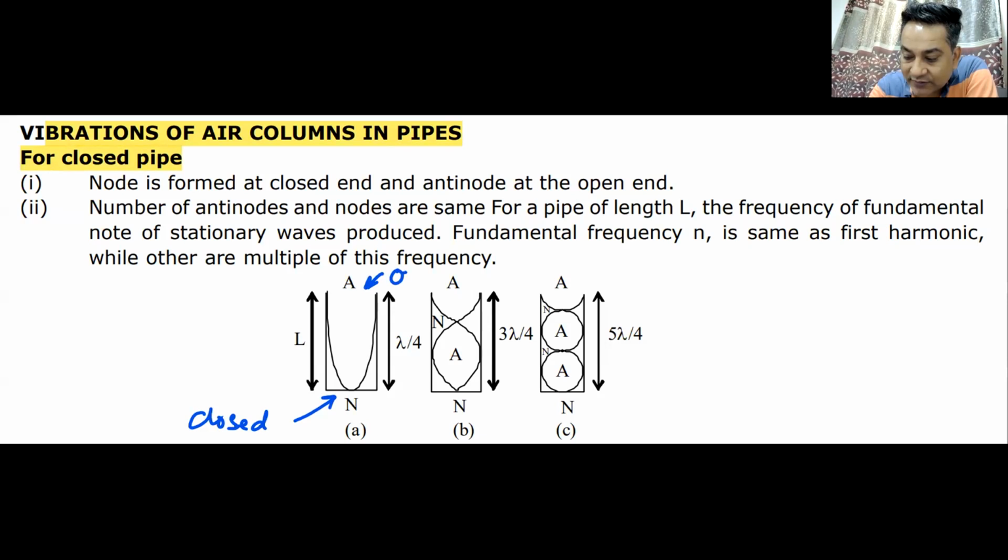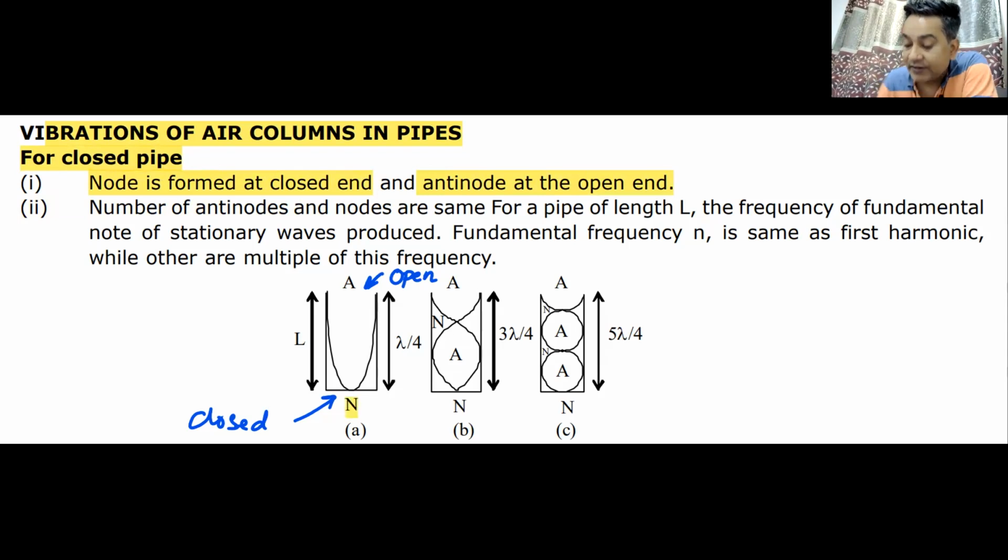Do we see this? Yes, sir. Remember, the most important thing here is that a node is formed at the closed end and an antinode is formed at the open end. Do we understand this?